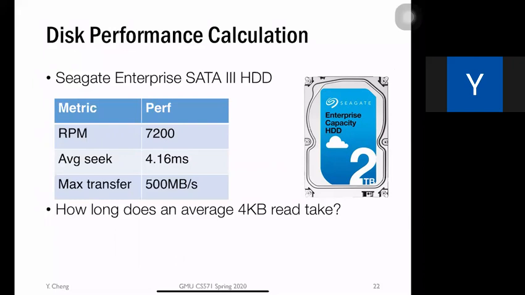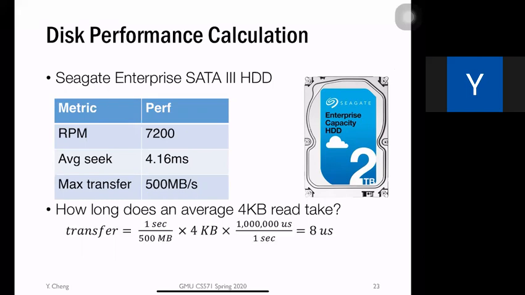And the max transfer bandwidth is 500 megabytes per second. So the question here is, how long does an average 4 KB read take? Let's assume this hard disk drive is configured to use 4 KB as its basic sector size, or the basic disk block size. Okay. Let's first quantify the transfer speed.